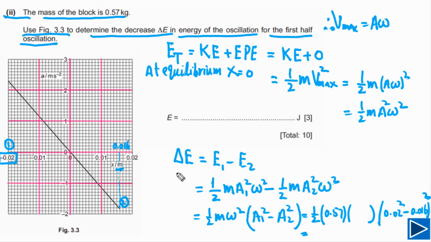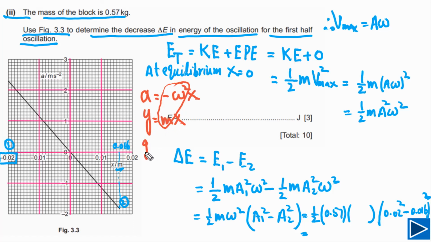Now, if we have value of omega squared, we will be able to find the change in energy. Now we need to find out value of omega squared. If we remember general equation for simple harmonic motion, we can write down that general equation and then we can find out value of omega squared. General equation of simple harmonic motion simply tells us that a is equal to negative omega squared x. But if we compare this one with y is equal to mx, the gradient m will be equal to negative omega squared.